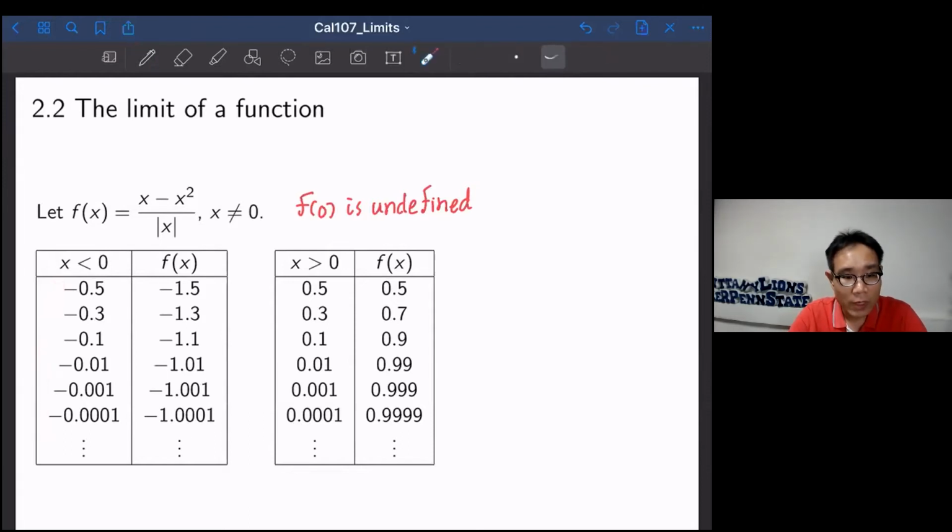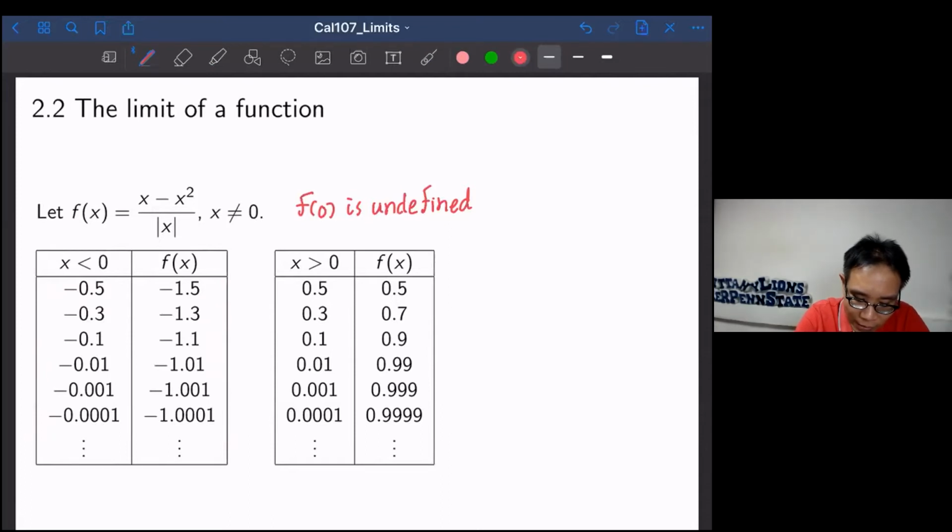So in this case, you compute f of x, you get negative 1.5, negative 1.3, negative 1.1, negative 1.01, negative 1.001, and negative 1.00. So you see that if you have x less than 0, but very, very close to 0, okay, or the thing that I said earlier, really, really close to 0.